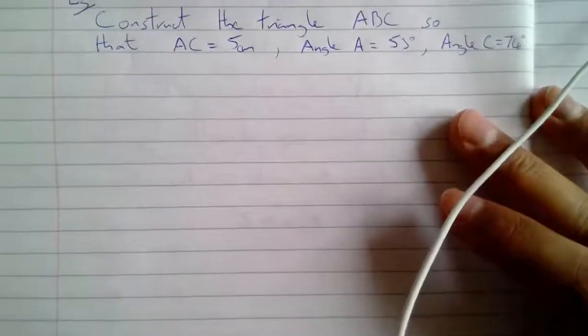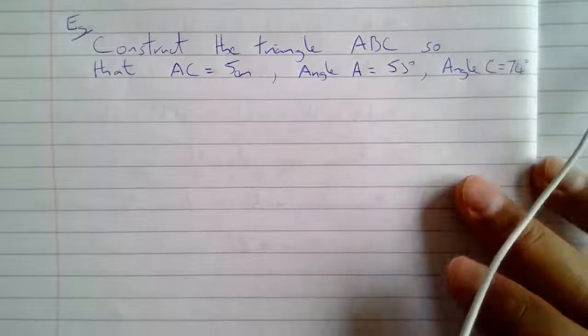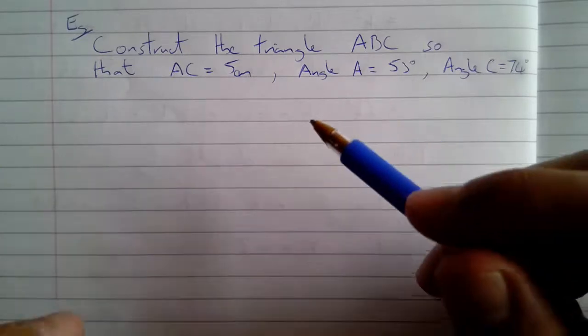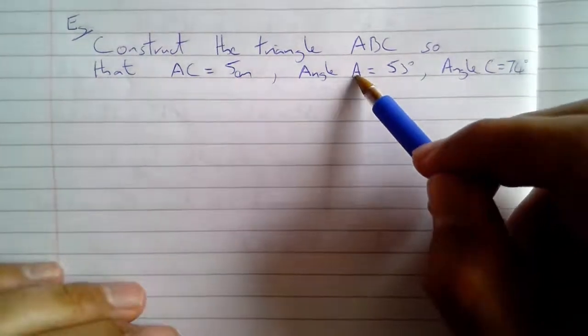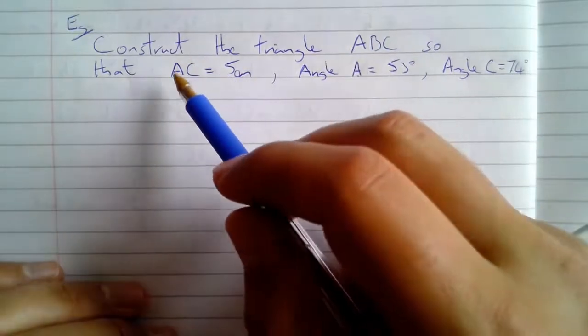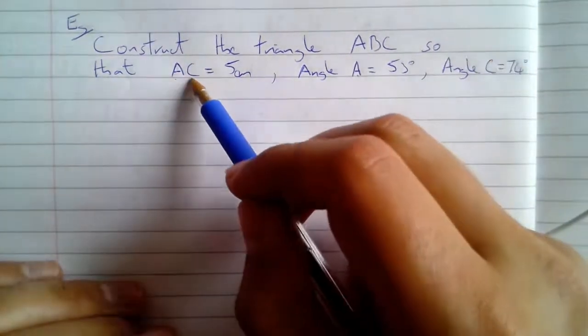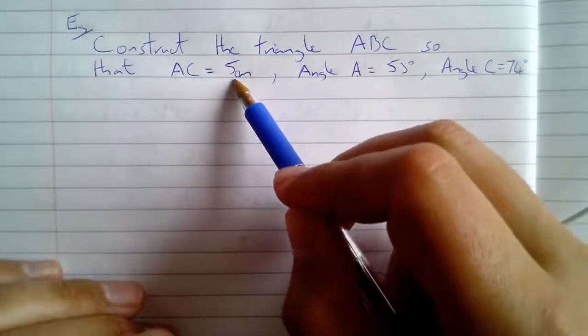Okay, so let's see if we can do this one. Because it's angle, side, angle, and I can tell it's angle, side, angle because angle A would be at vertex A, angle C will be at vertex C, and I know the distance between those two angles.